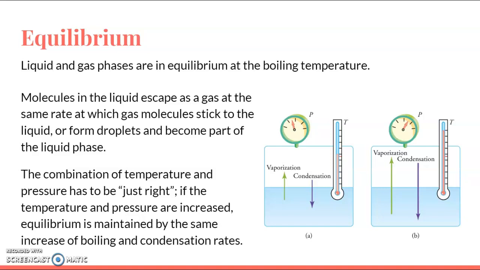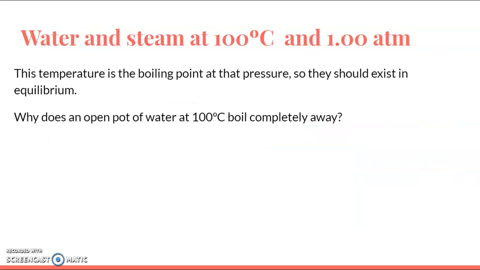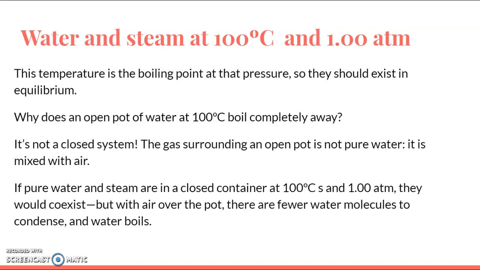So we can have an equilibrium reached. Let's suppose we're going to boil some water. Based on what I just said, why does an open pot of water completely boil away? Why does it not just equally condense back into water? You might argue that it might be an equilibrium, but the key here is we're not dealing with a closed system.